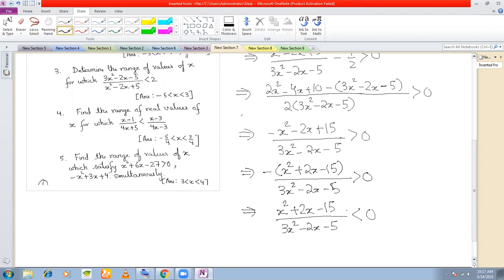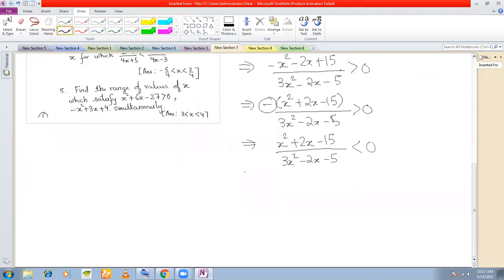The inequality sign reverses because I have multiplied both sides by a minus sign. Now you factorize the numerator and denominator. So this is x square minus 3x plus 5x minus 15 divided by 3x square minus 5x plus 3x minus 5 is less than 0.